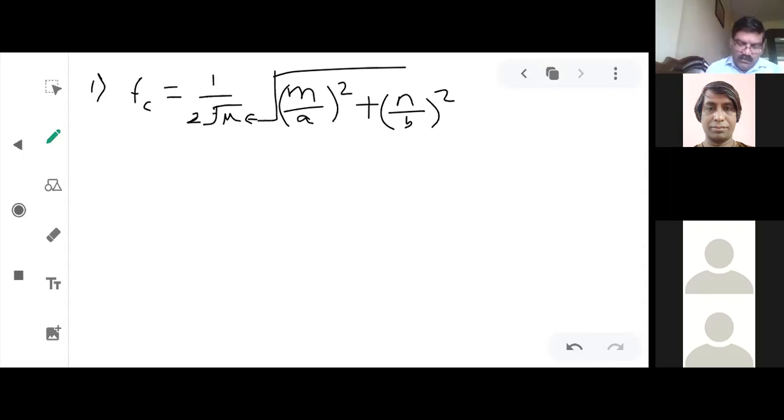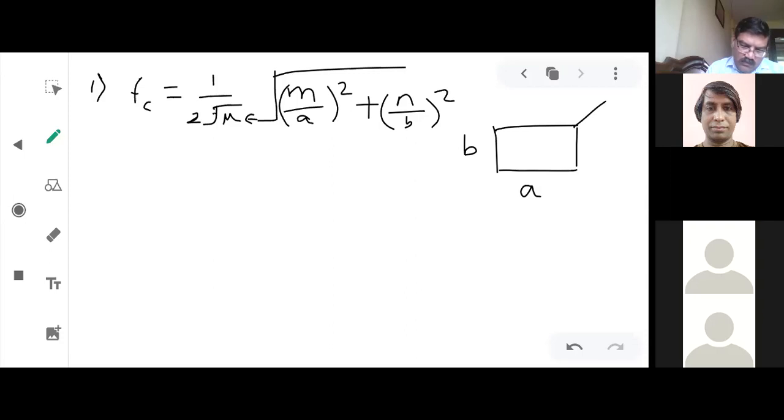Now, with the help of this formula, we'll understand the meaning of dominant mode. On the right hand side, I will draw the cross-sectional view of a rectangular waveguide. The width is represented by a and the height of the waveguide is represented by b.